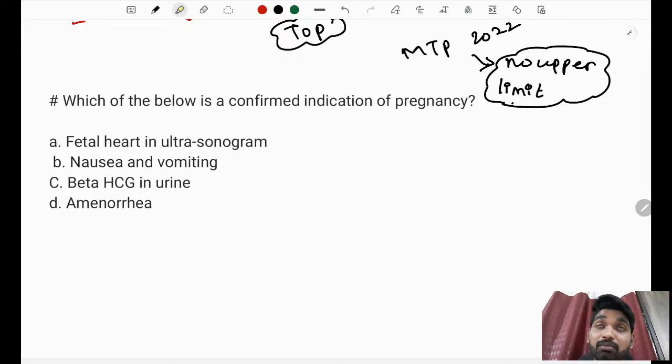Here they are asking the diagnostic sign of pregnancy, the option that is 100% suitable for confirmation of pregnancy. Option A, fetal heart rate in ultrasonogram; nausea and vomiting; beta HCG in urine. Option D, amenorrhea.